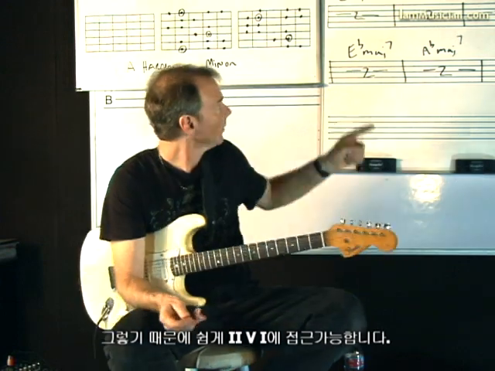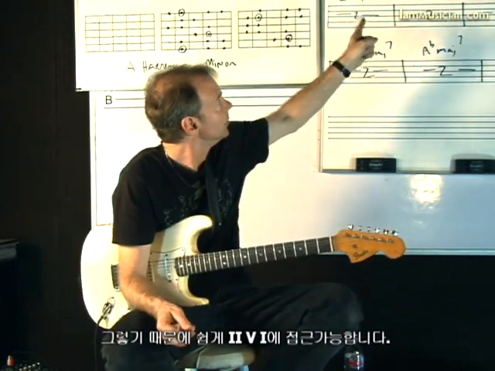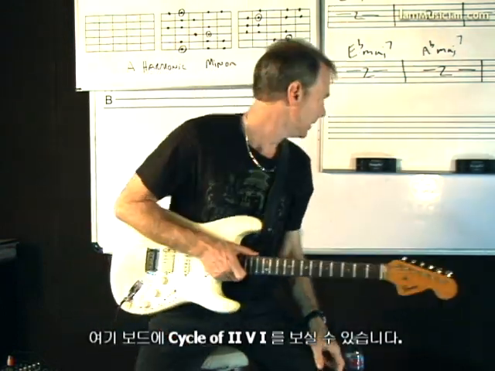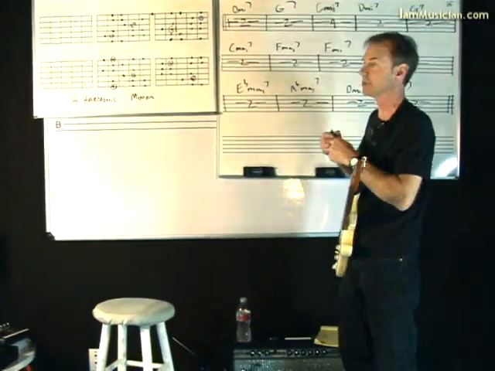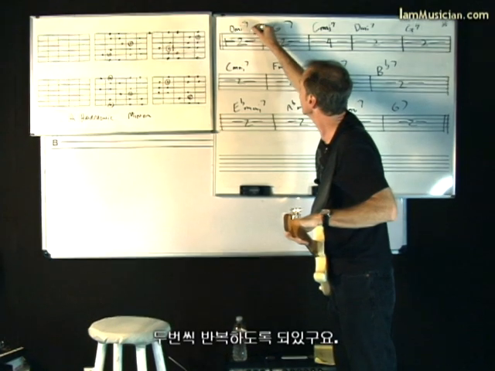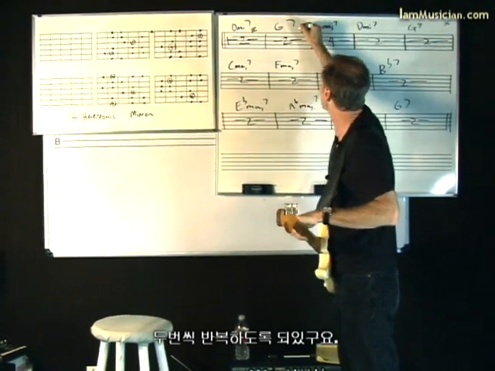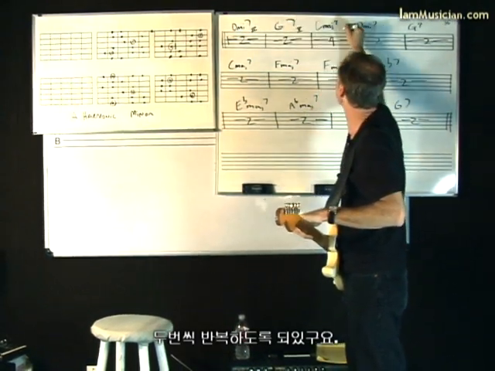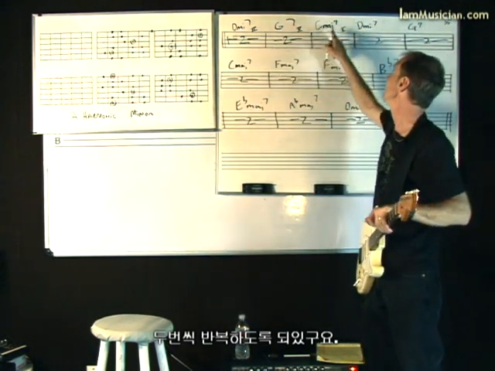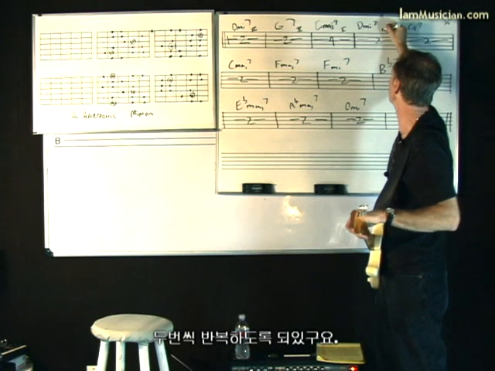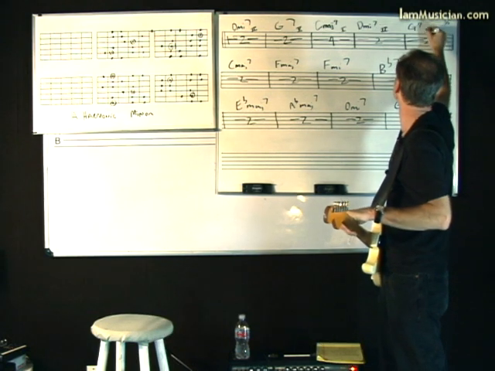So what I've got on our board here is a cycle of 2-5-1s written right behind us. And you can see I've given us 2 bars of each chord so we can really make the sound happen. So here's our first 2-5-1 in the key of C, and I repeat it just so you can get another stab at it.